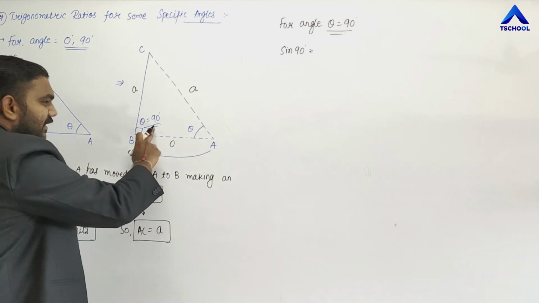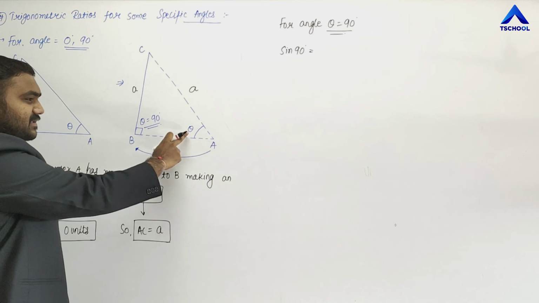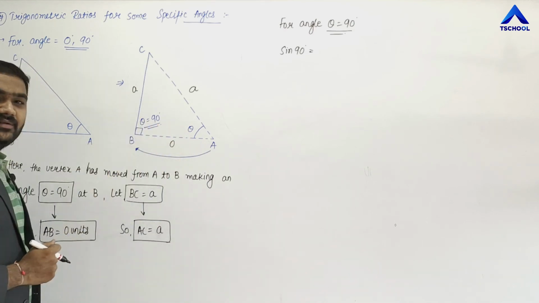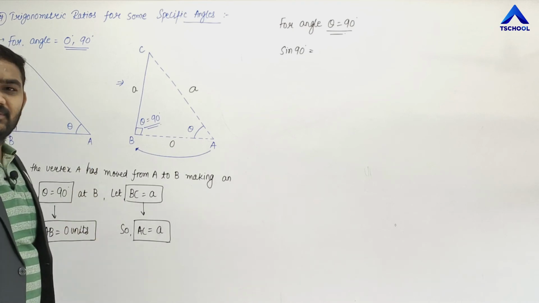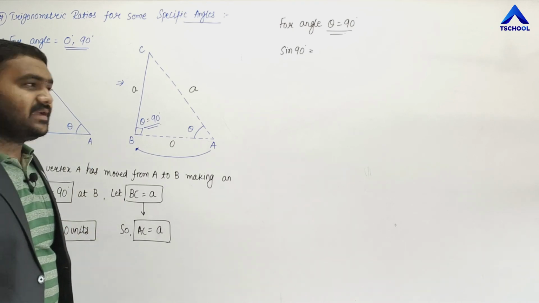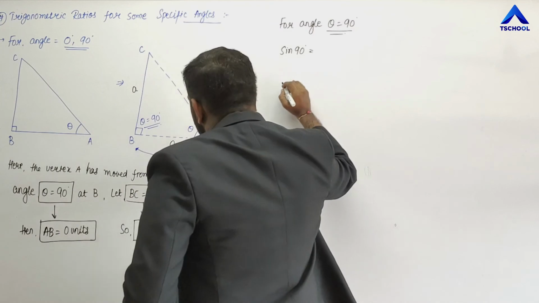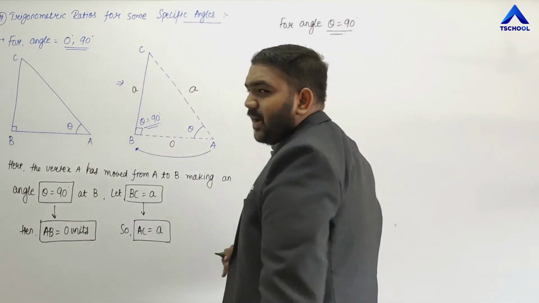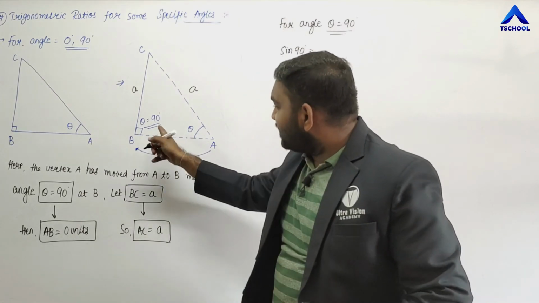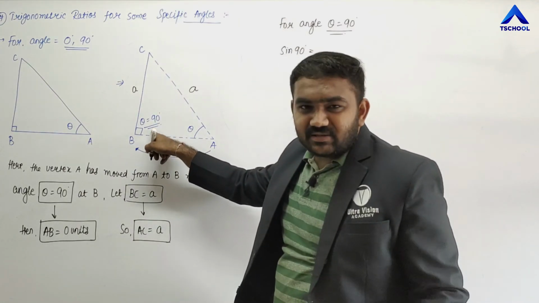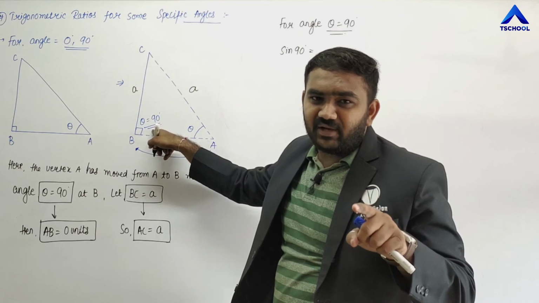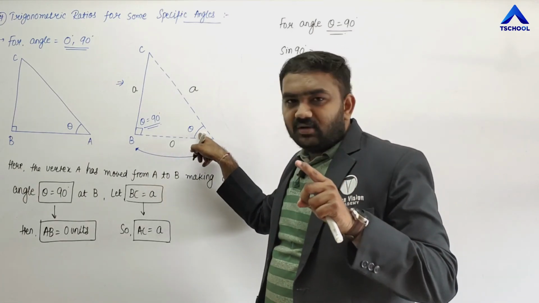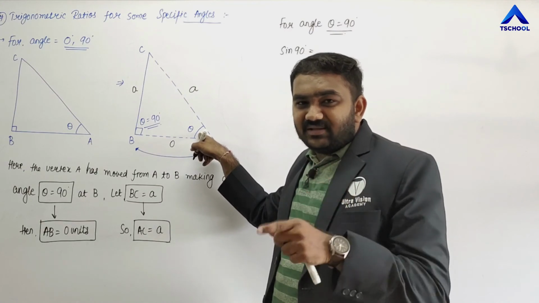We actually wrote theta as 90, but where is our reference angle? Here. So now what is our opposite side? This. Yes or no? Yes. So for sin 90, this is our opposite side, this is our adjacent side, and this is our hypotenuse. The angle has shifted. This is our theta, this is our 90, because we are finding out for angle 90. But what is our reference angle? This. See, I have not erased this theta from here.